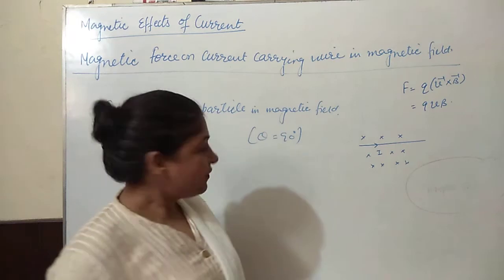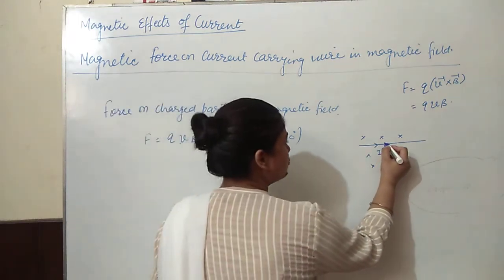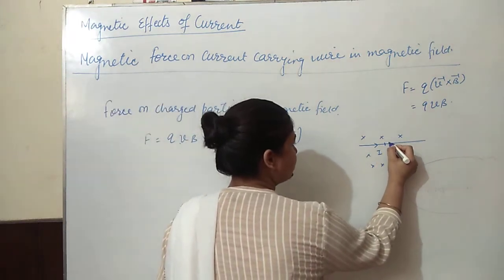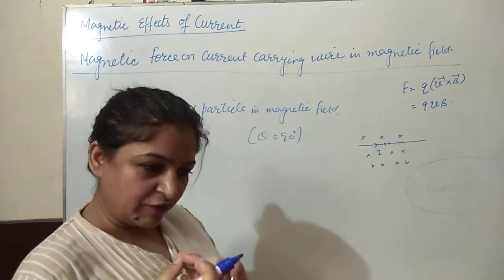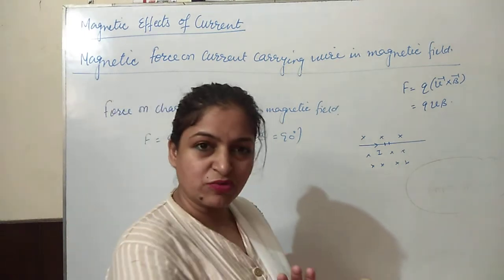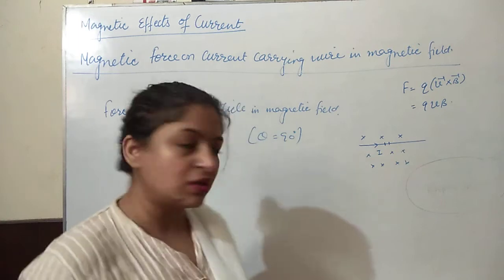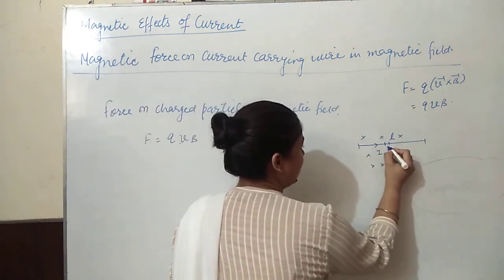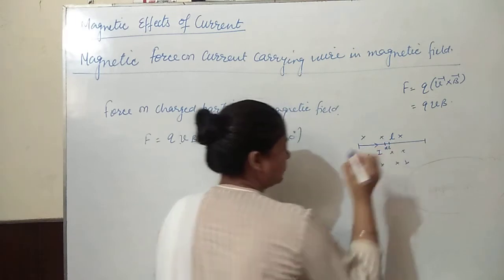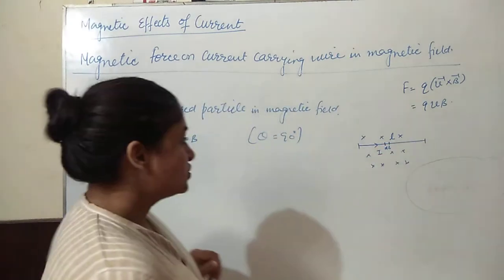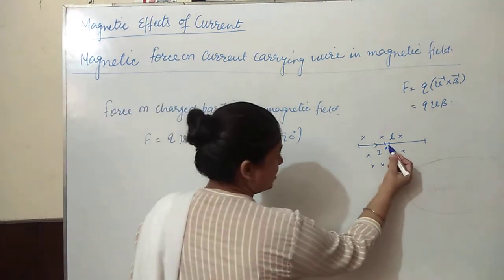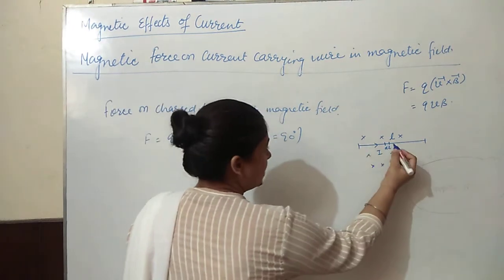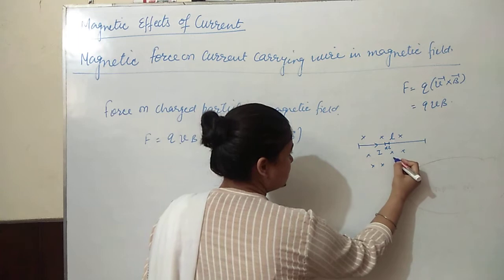Now I take a very small portion, a bunch of electrons moving, a very small portion of the length of the conductor. Total length of this conductor, let us consider this as L, and this small portion as dl. Let us consider the charge of this small portion as dq.